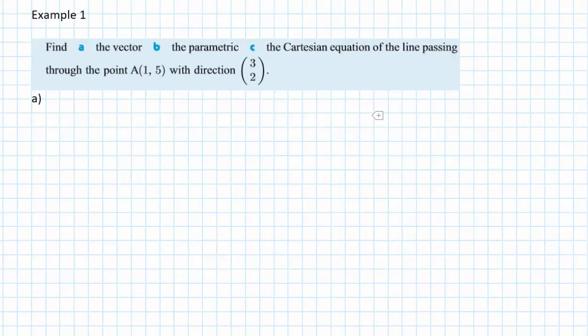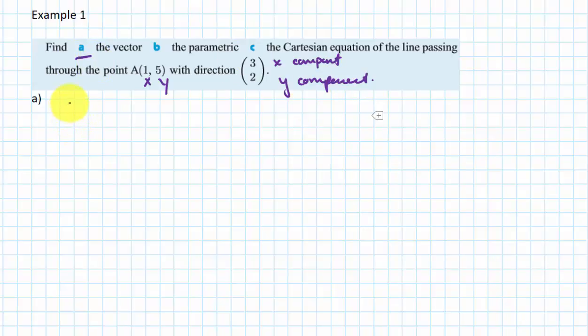So let's put this information to work. We have a point, 1, 5, that's our x and our y value. And then we have our direction vector, which is the x component and the y component. So we're going to start just with writing a vector equation, and then we'll move on to the other two.